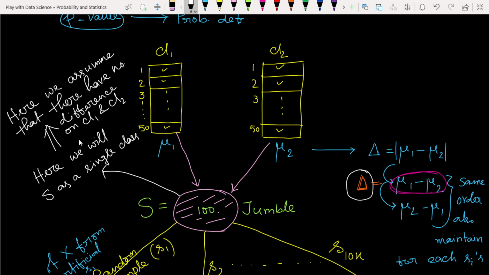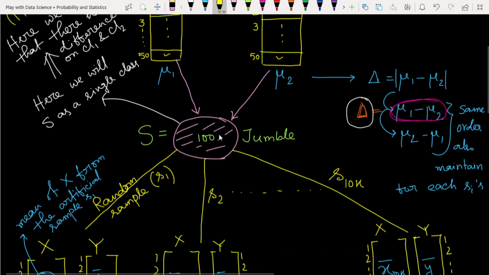That is the thing we have assumed here, and this is our null hypothesis. The null hypothesis is not stated explicitly; it is internally hidden. That's the thing we have to understand.